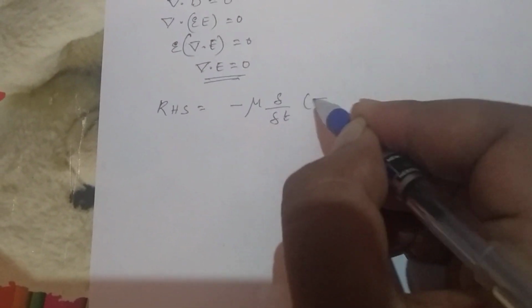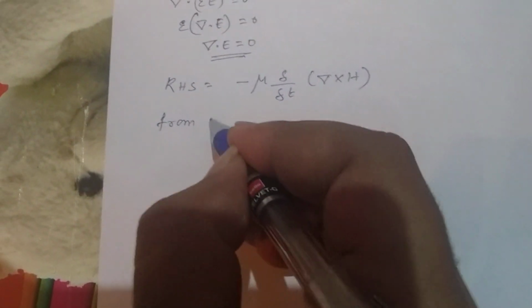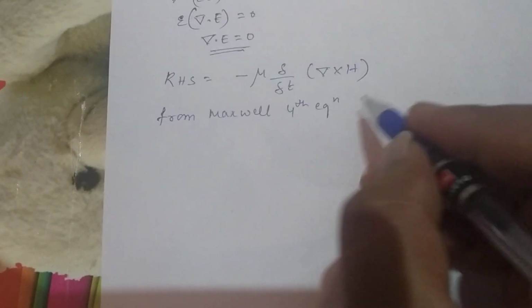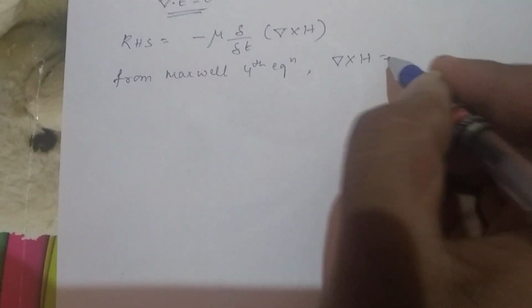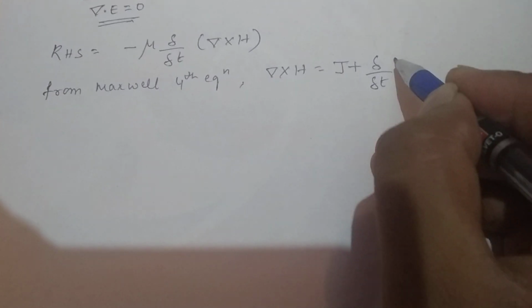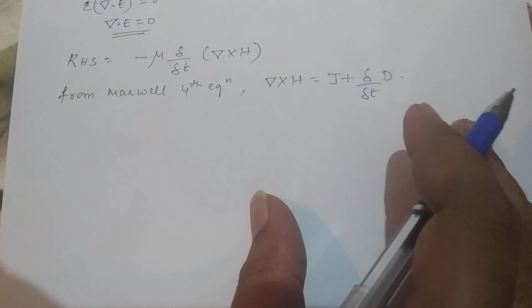Now we will take RHS: minus mu dou by dou t of curl of H. From Maxwell's fourth equation, curl of H is equal to J plus dou by dou t of D. J is equal to 0 because the wave is propagating in free space.